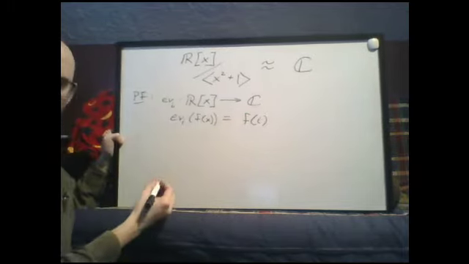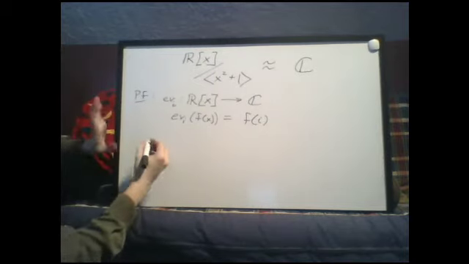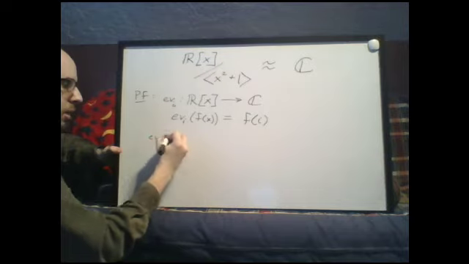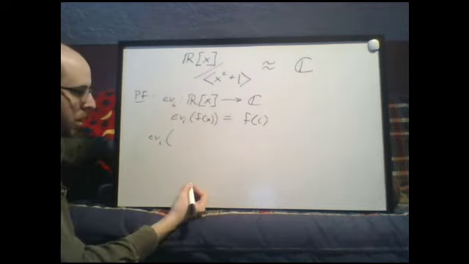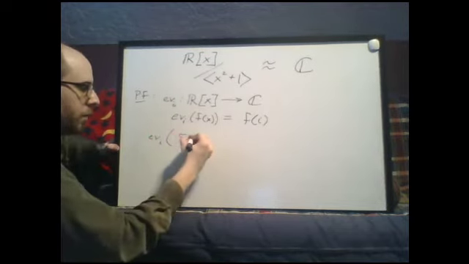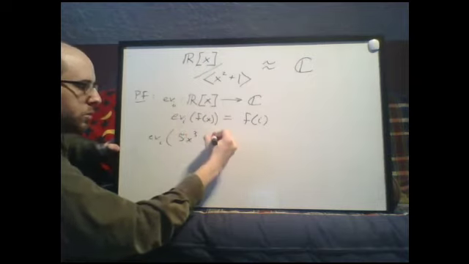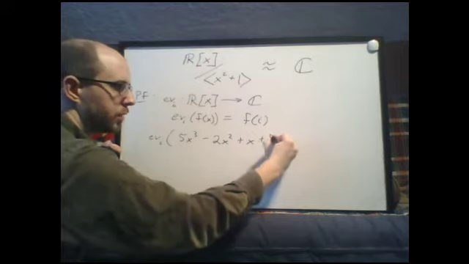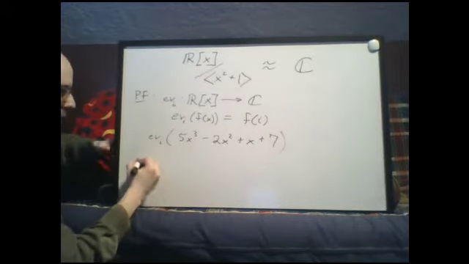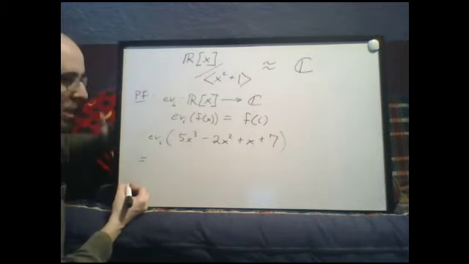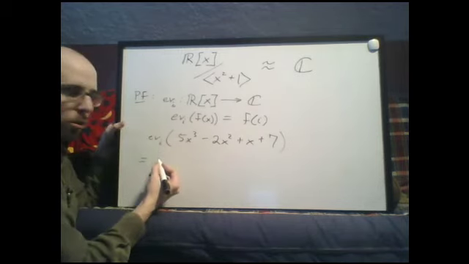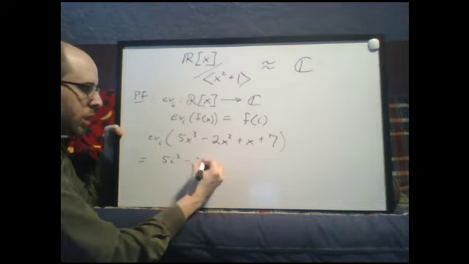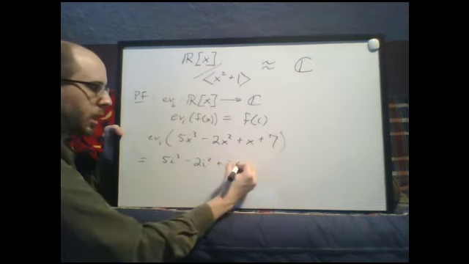So let's just do a quick example to illustrate this function. EV sub i of the polynomial 5x cubed minus 2x squared plus x plus 7. I'm going to replace all the x's with i's. That's what this homomorphism does. It'll be 5i cubed minus 2i squared plus i plus 7.